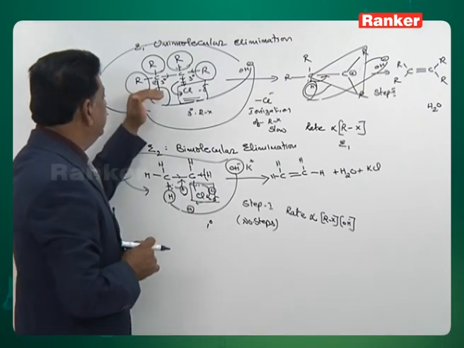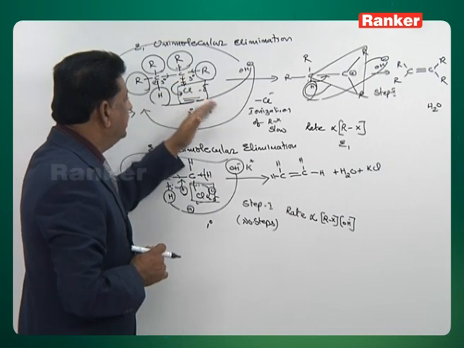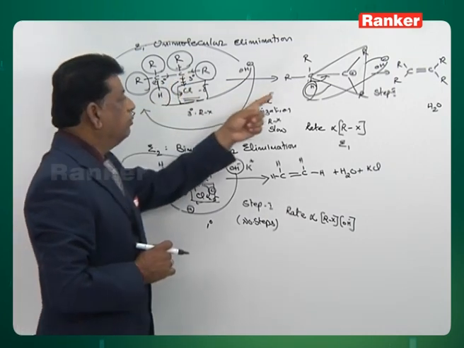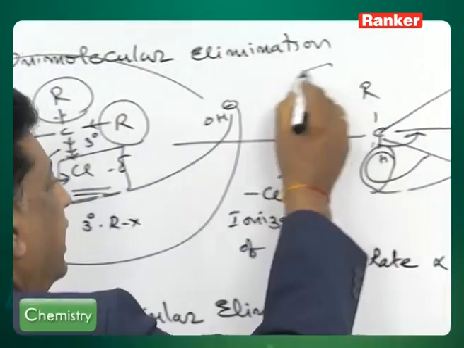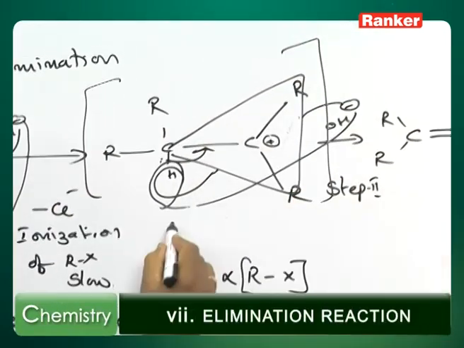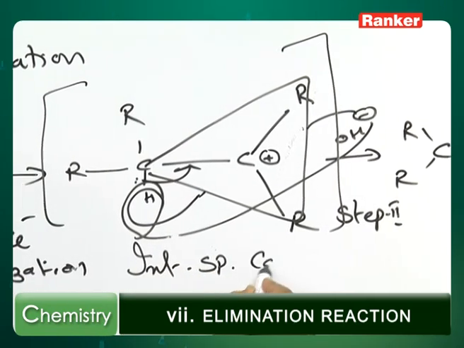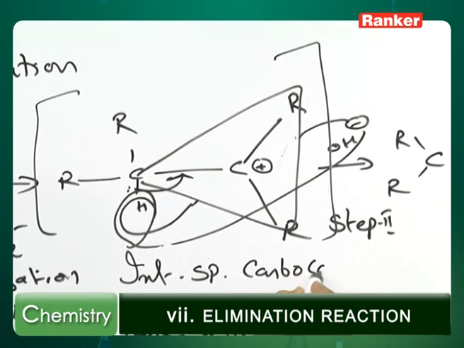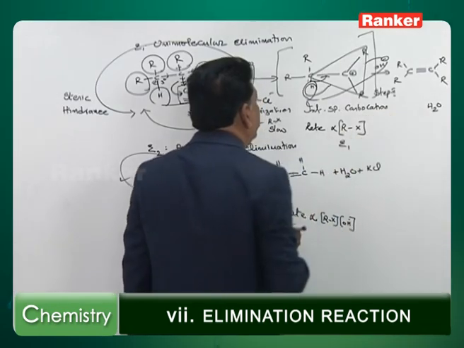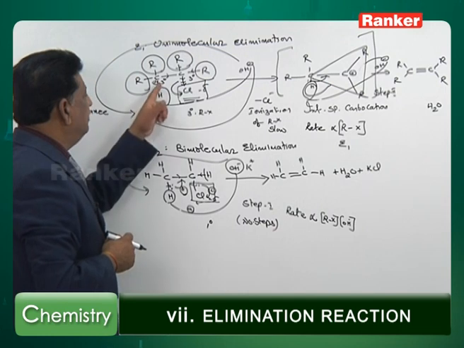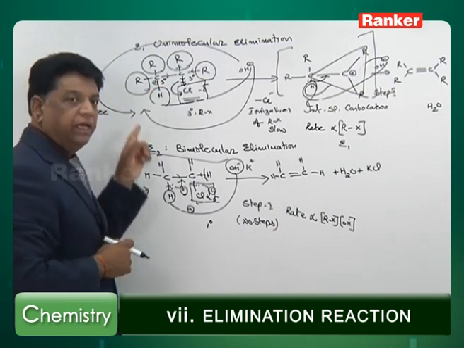In this reaction, first the Cl minus is going. So in the first step Cl minus is going, and the carbocation is called what? Intermediate species. The intermediate species is the carbocation. If at all H plus goes out first, leaving the 2 electrons, a carbanion is formed.